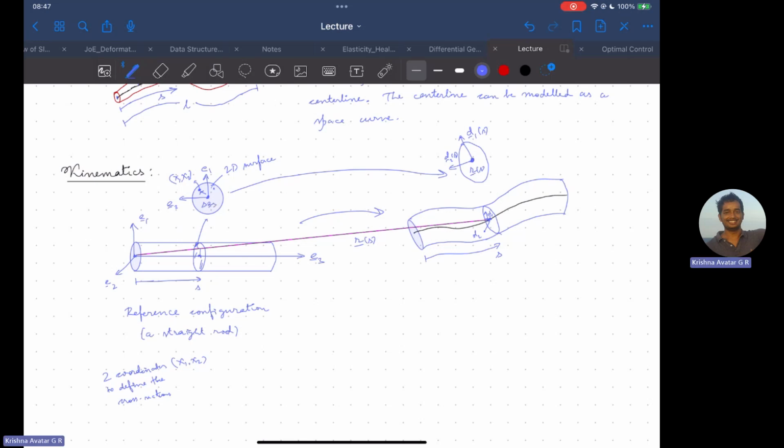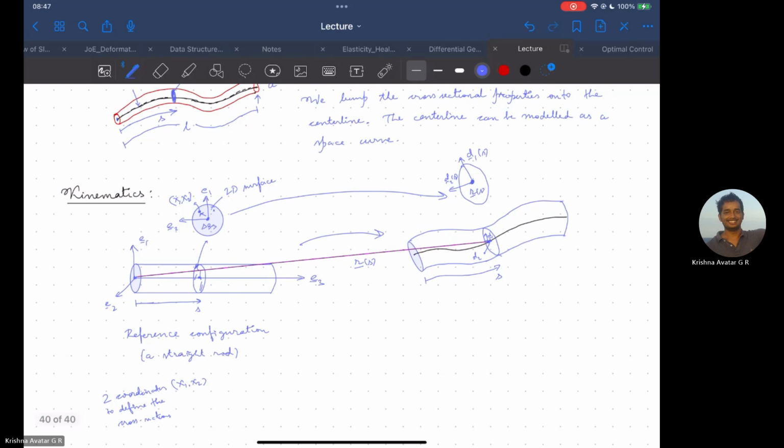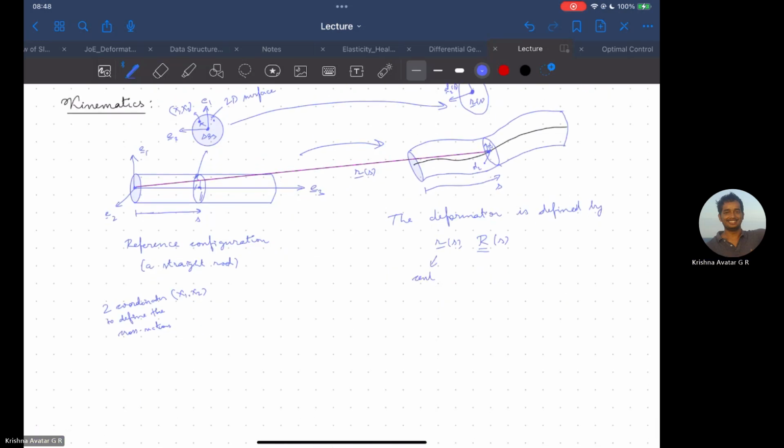Now the origin here is R vector of S. So in a sense, the deformation is defined by R of S and a rotation, capital R of S. R of S is the centerline position, and this capital R gives us the orientation of the cross section.